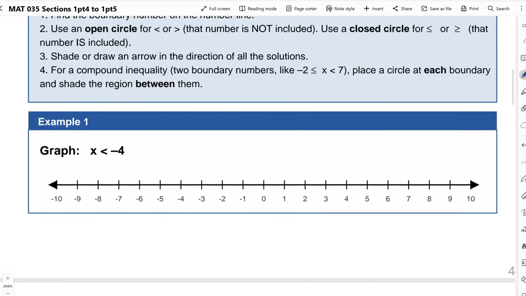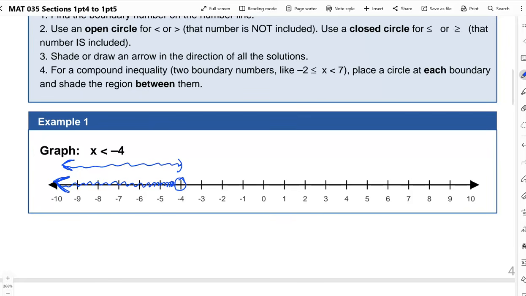So let's look at number 1. We have x is less than negative 4. Variable is on the left. Here's negative 4. This is going to be an open circle, and I want everything less than negative 4, which is going to be everything to the left of negative 4. So I just would shade it that way. Some books won't use the open circle. They'll just use a parenthesis, so it would look like this. Same kind of thing, only a parenthesis at the negative 4 instead.